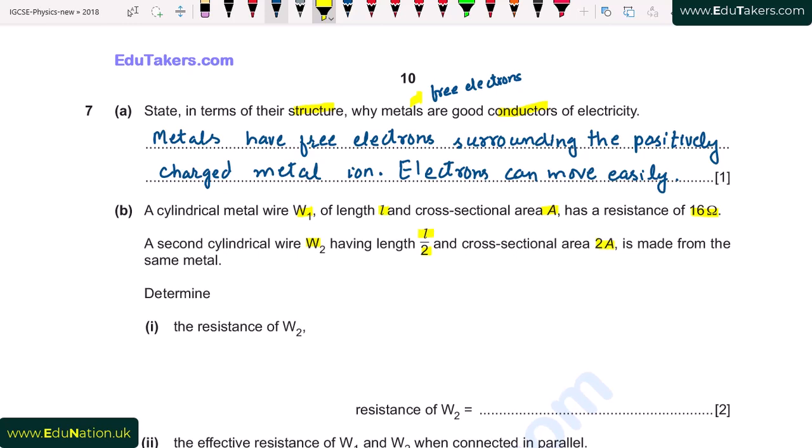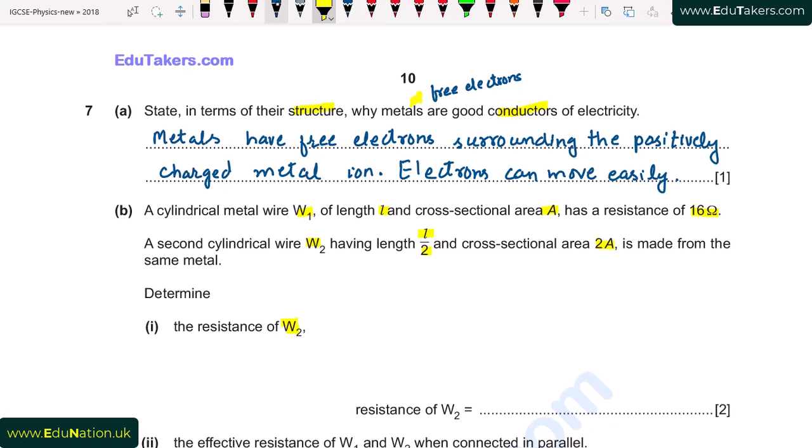So here is the first wire whose length is L and cross-section area is A and its resistance is 16 ohms. We have a second wire of the same material whose length is half and area is double. So determine part 1, the resistance of W2. Here we have to find the resistance of the second wire.